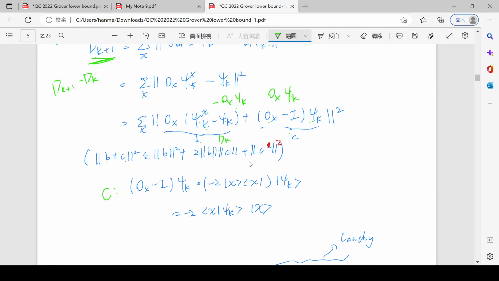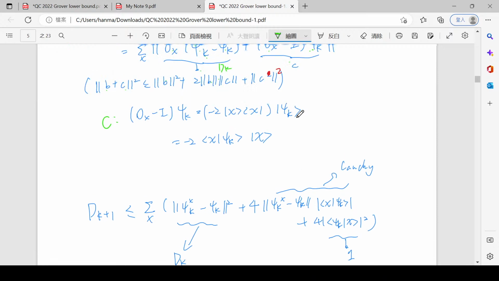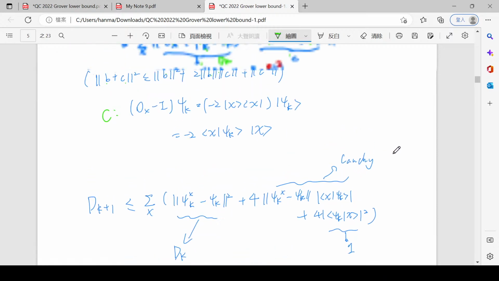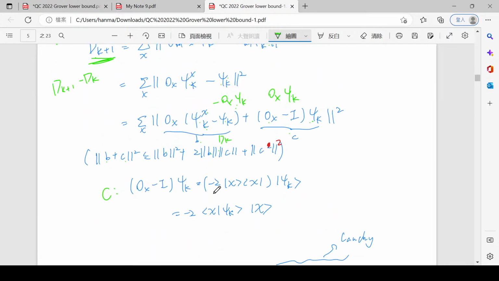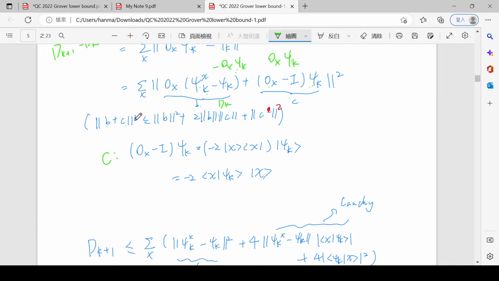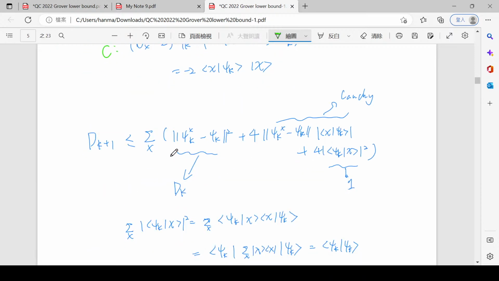Then we want to break up into those 3 terms, right? The b squared plus 2bc and c squared. So b squared we skip here, but b is this thing, and b squared, as we said, unitary doesn't change the norm square, right? So when we do this b squared, we can just ignore this OX. That's why this hybrid is really cool, because you can just get rid of this OX here.